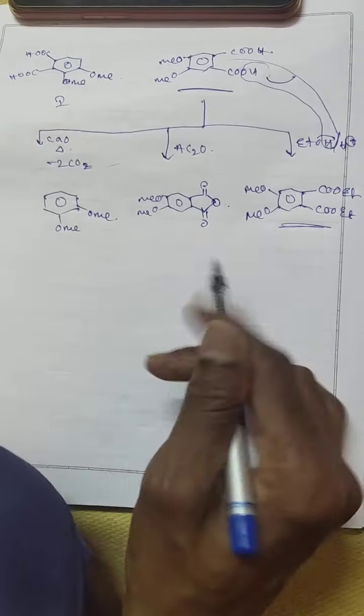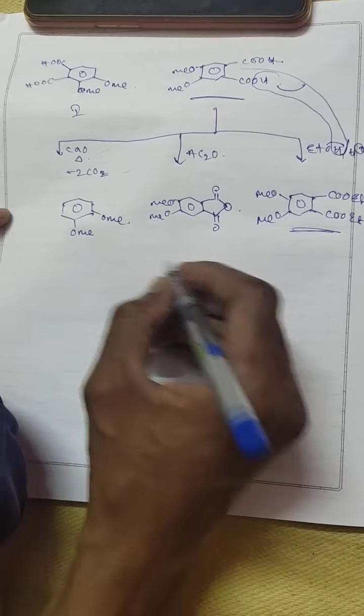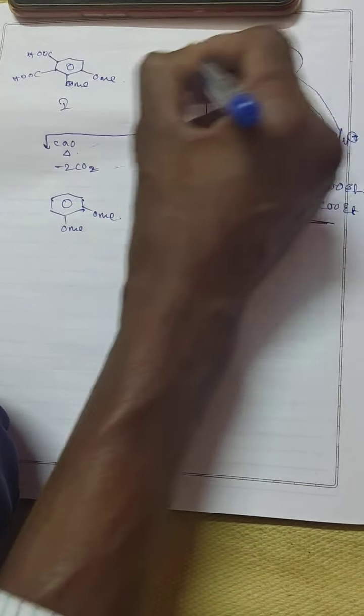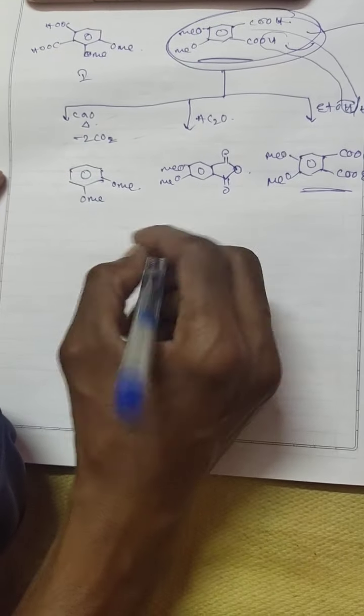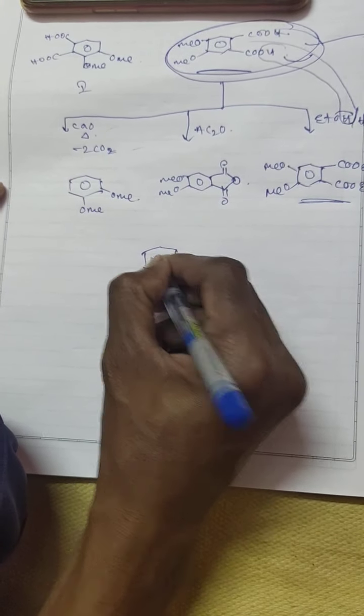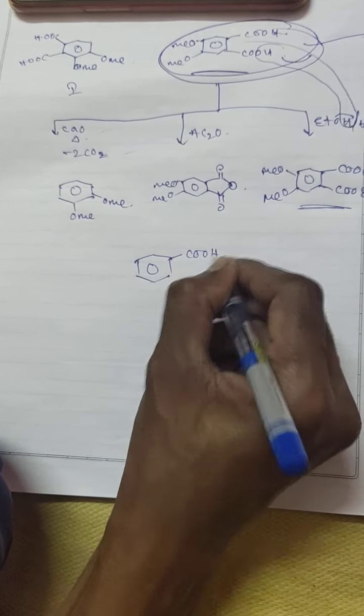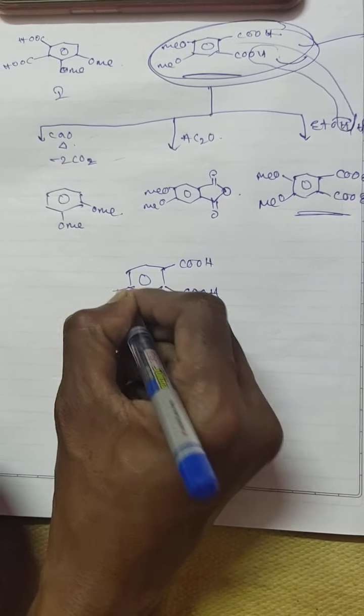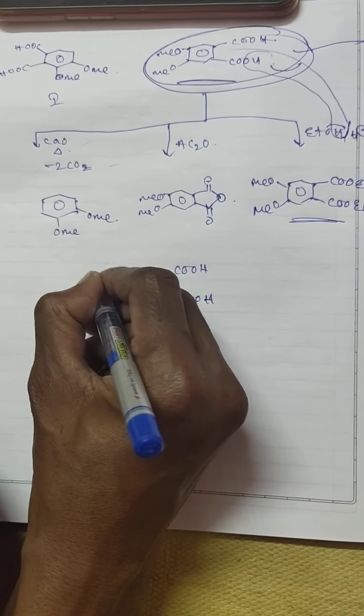By these reactions, the meta-hemipenic acid structure is this, the dimethoxy diacid.